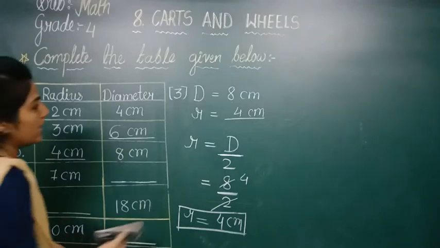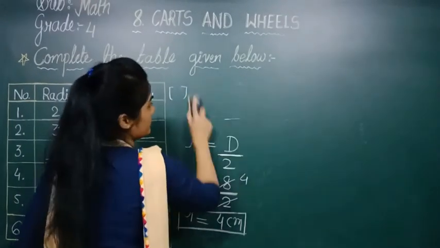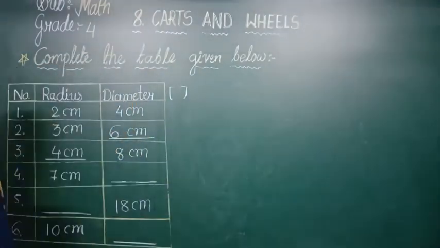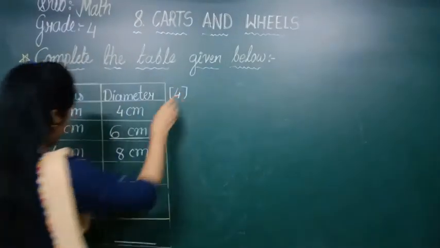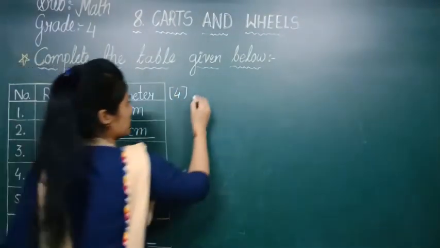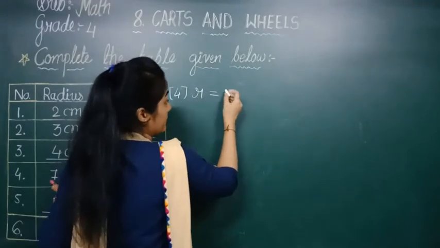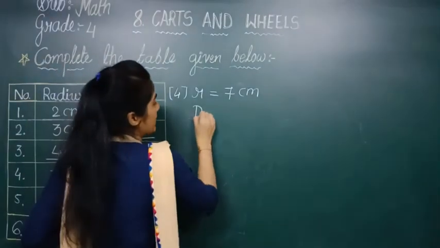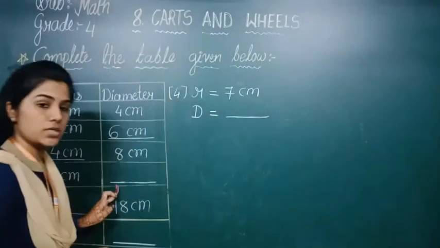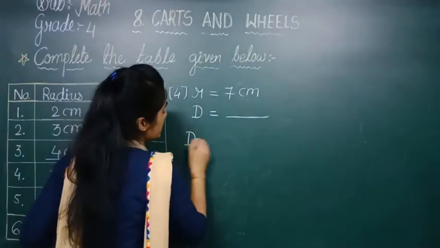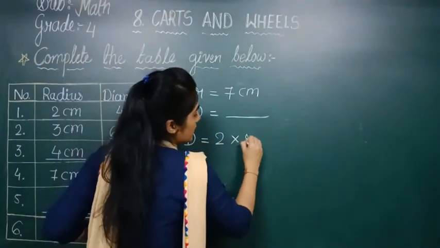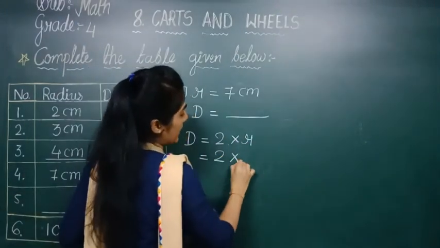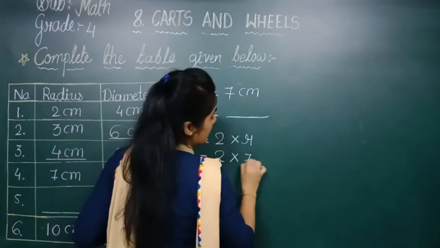Same method we have to apply in the next number. Number 4. In number 4, radius we are having, which is 7 centimeter. So small r we are having 7 centimeter, meaning radius, and diameter we need to find, so capital D we are writing. Right? So for D, for diameter, 2 multiplication r, 2 into r. 2 multiply the value of r, 7 centimeter.